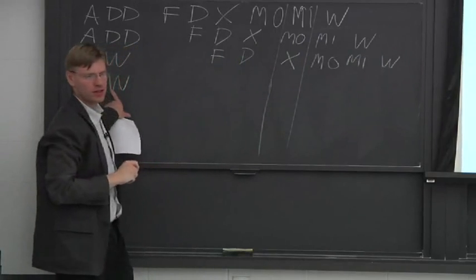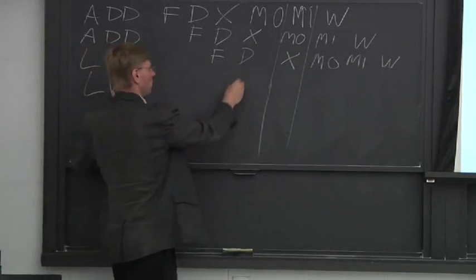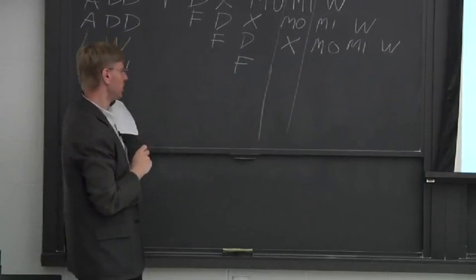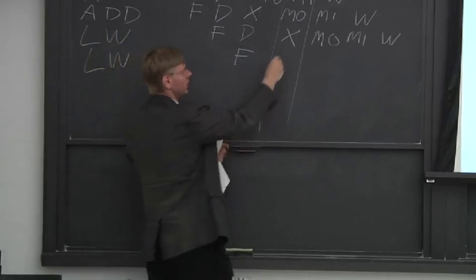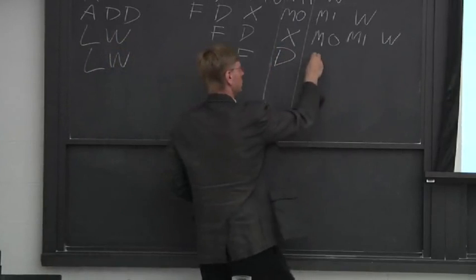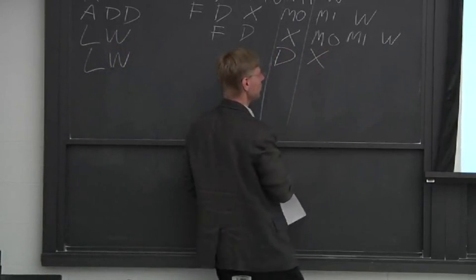And now we're going to see a structural hazard. This second load here is going to fetch. It's going to go into decode. It's then going to go into execute.